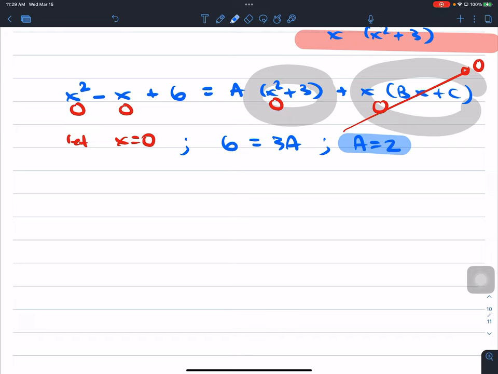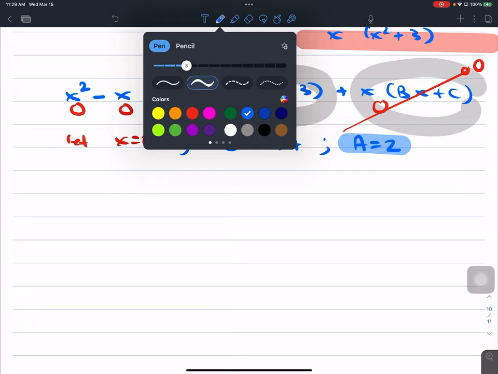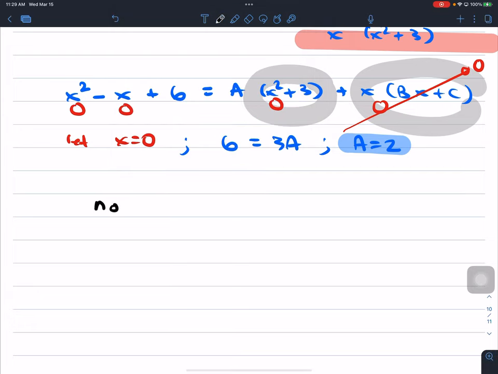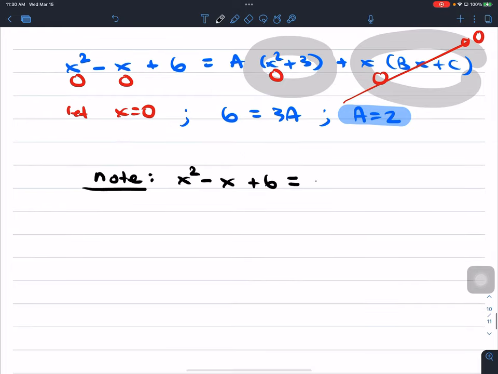Now, that doesn't help me much. But I want you guys to note something here, okay? I'm going to share with you guys something very powerful here. Note what you had to begin with. x squared minus x plus 6 equals, I'm going to do some algebra. Okay? That's ax squared plus 3a.